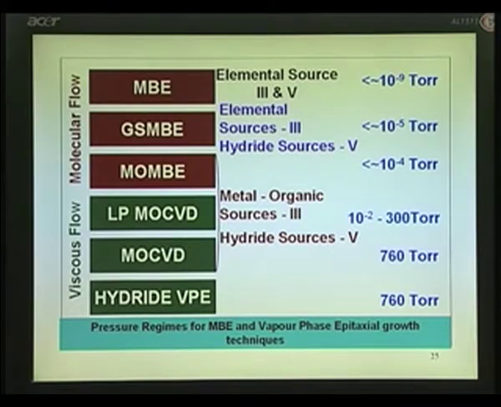This is a general guideline to show you what the vacuum levels are which are used generally. You can see the MOCVD, hydride vapor phase epitaxy etc. are done at atmospheric pressure, 760 torr. You can also have low pressure CVD, where you get certain benefits. When you go to low pressures you get the benefit of longer mean free path.